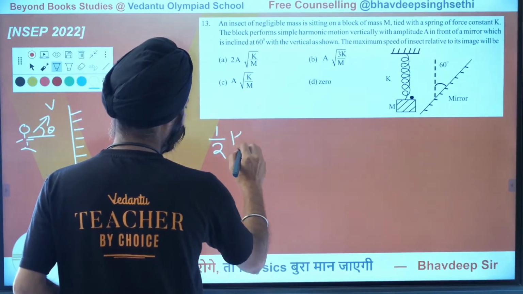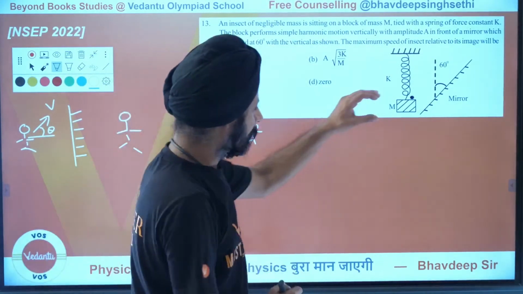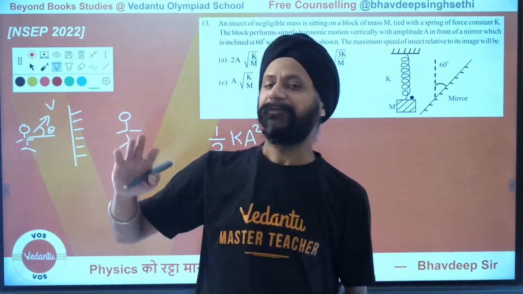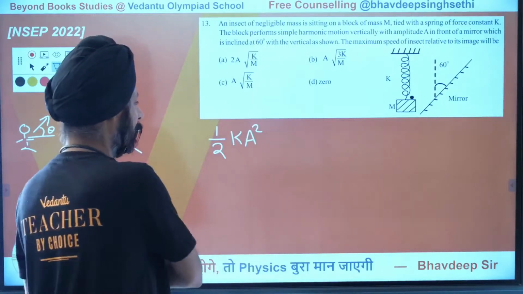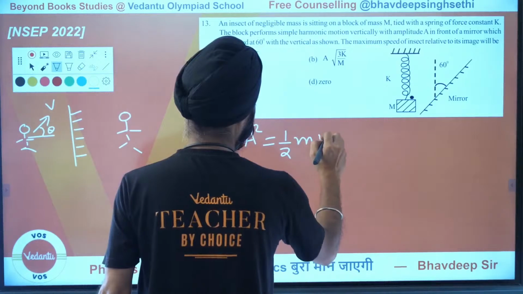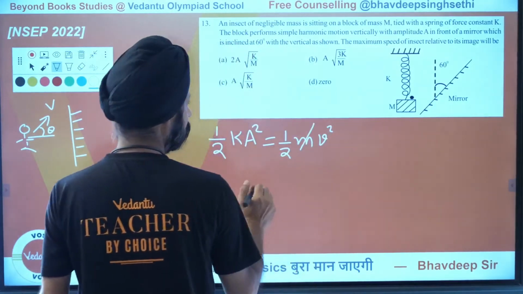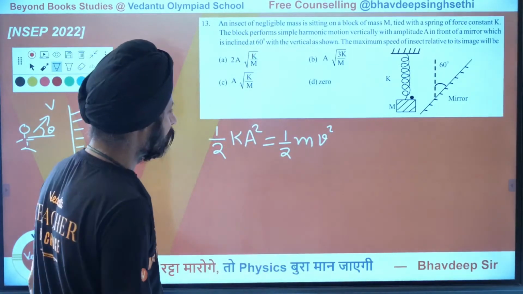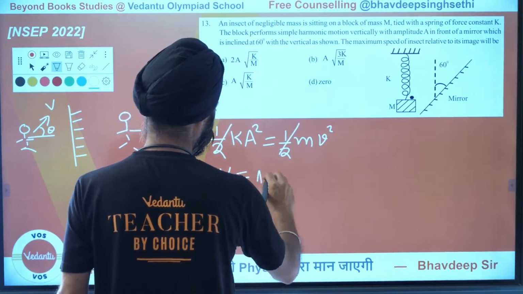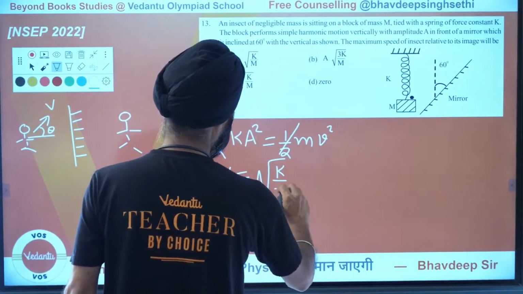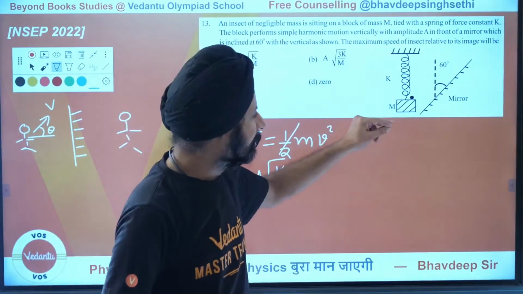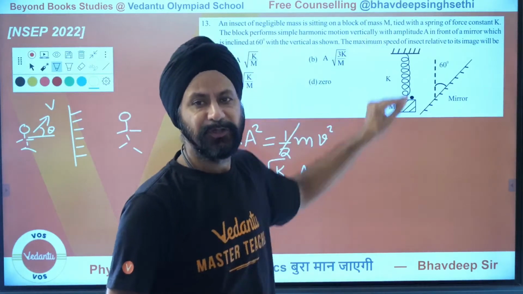And then when you release it at the center point, it will have converted all its potential energy into kinetic energy, which is half mv square. So the mass doesn't cancel, nothing cancels, actually half cancels here. So the velocity is equal to root of k by m times a. That's the maximum velocity with which that insect would ever be moving in this direction.